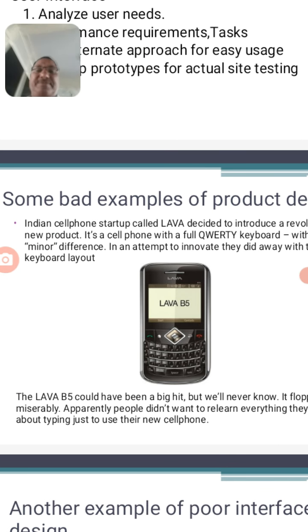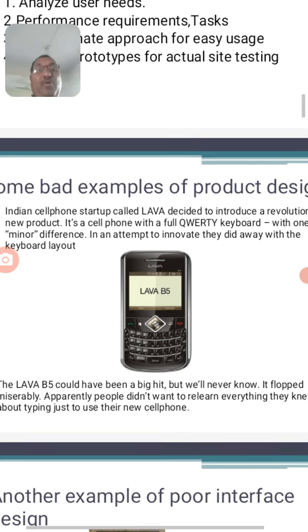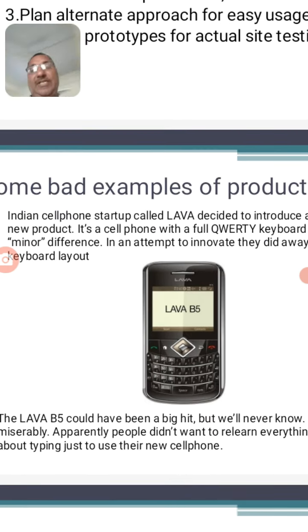As given in the figure or in the picture, you will find Lava company's product, a handset or a mobile. The company decided to establish a new product. It is a cell phone with a full QWERTY keyboard with one minor difference.